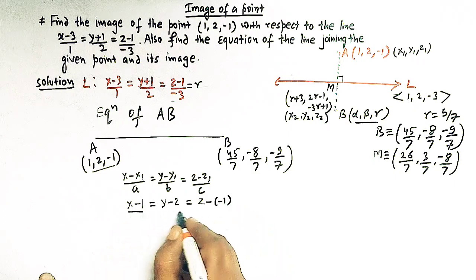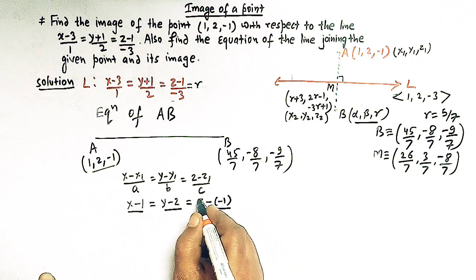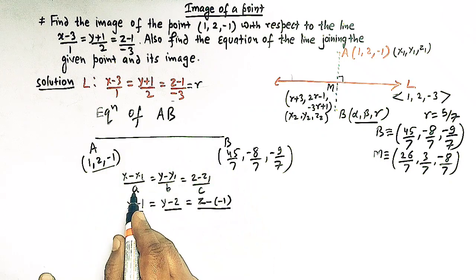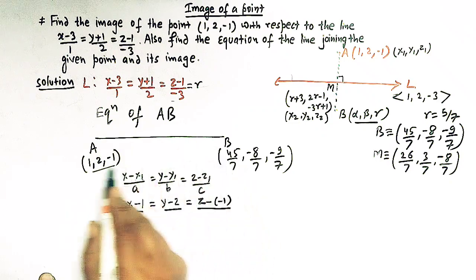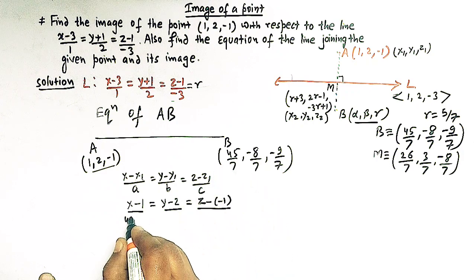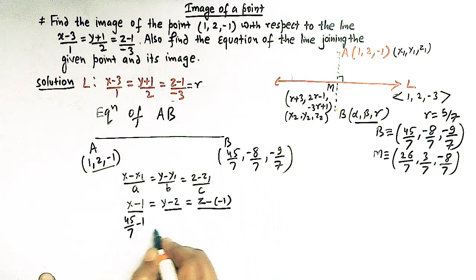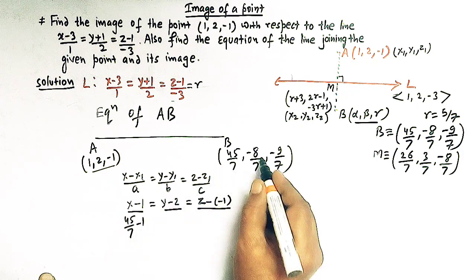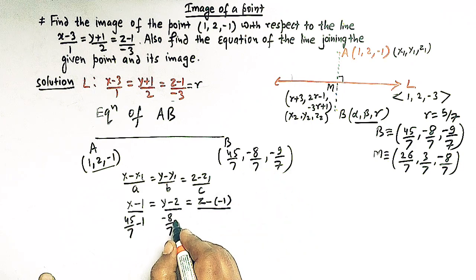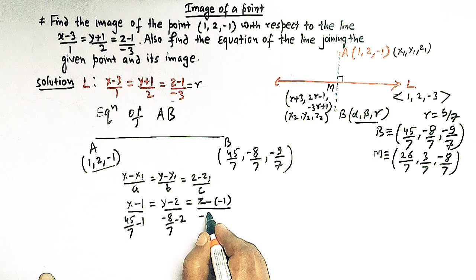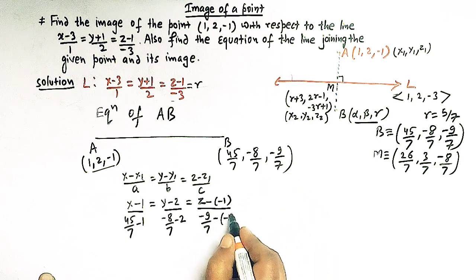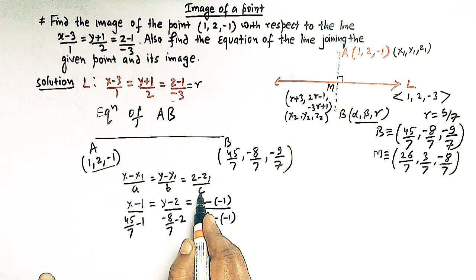minus 1, and a, b, c are the direction ratios of AB, which can be obtained by subtracting the coordinates. So a is given by 45 over 7 minus 1, then b is minus 8 over 7 minus 2, and then here we have minus 9 over 7 minus 1 as c.